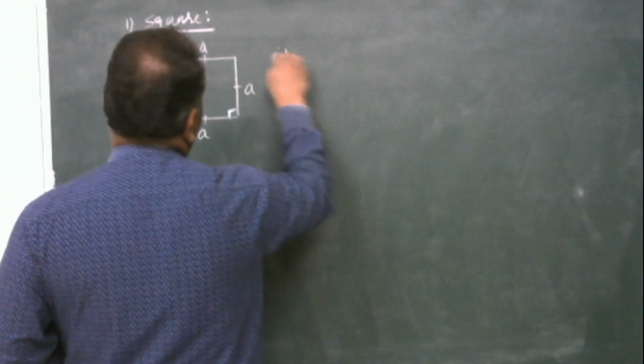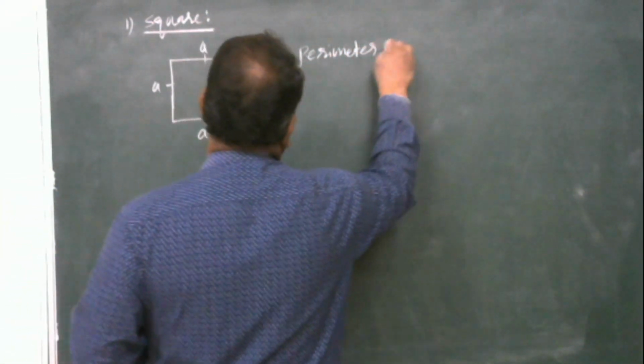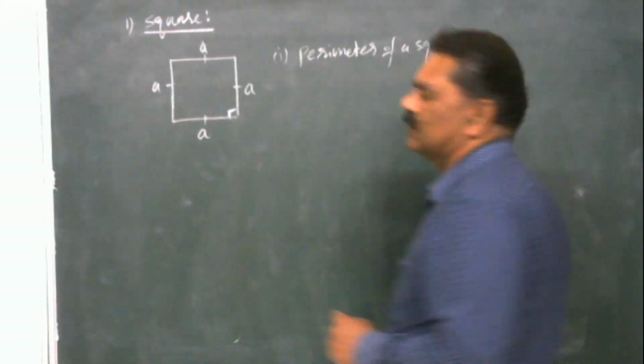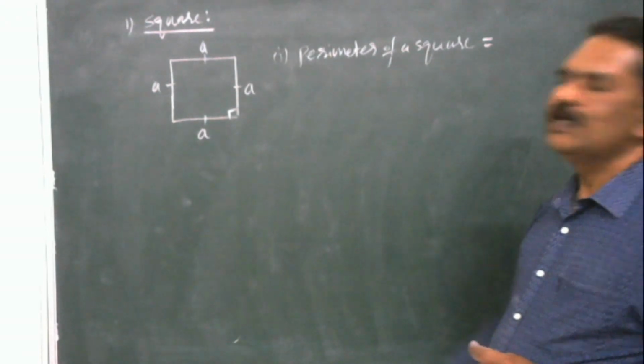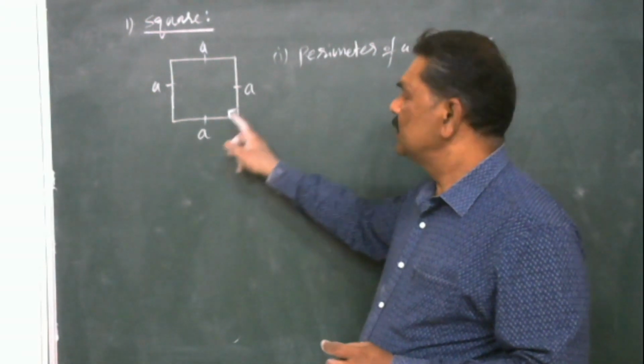First formula, perimeter of a square is equal to the length of the boundary. Here the side is given as A unit.